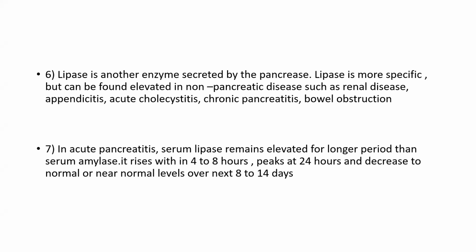Lipase is another enzyme secreted by the pancreas. Lipase is more specific but can be elevated in non-pancreatic disease such as renal disease, appendicitis, acute cholecystitis, chronic pancreatitis, and bowel obstruction. In acute pancreatitis, serum lipase remains elevated for a longer period than serum amylase. It rises within 4 to 8 hours, peaks at 24 hours, and decreases to normal or near normal levels over the next 8 to 14 days.